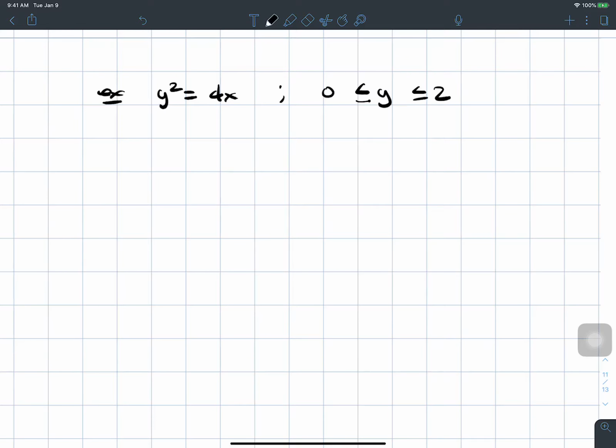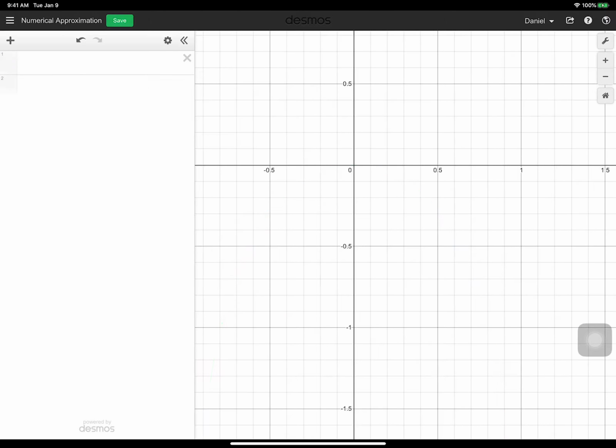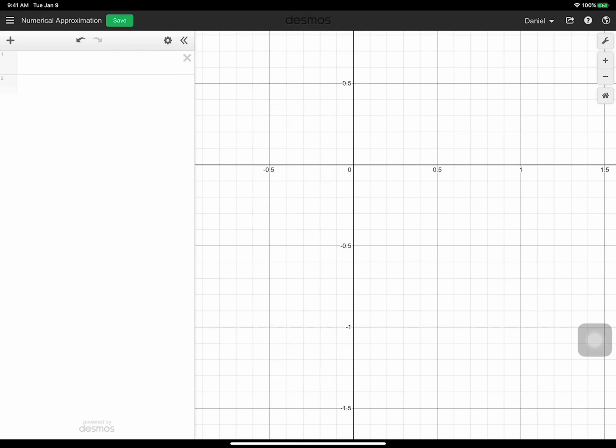Okay? So as you guys know, if we go to our trusty graph here, and we need a keyboard.